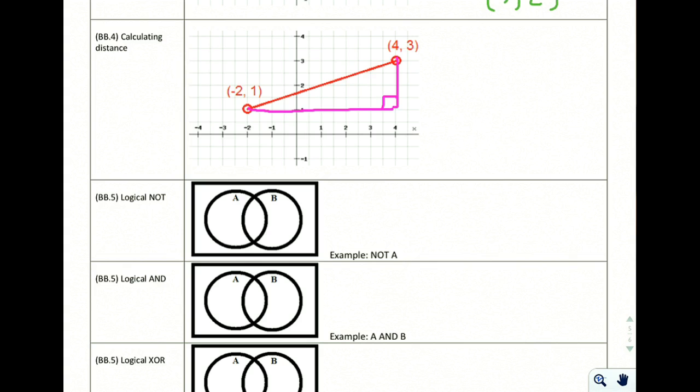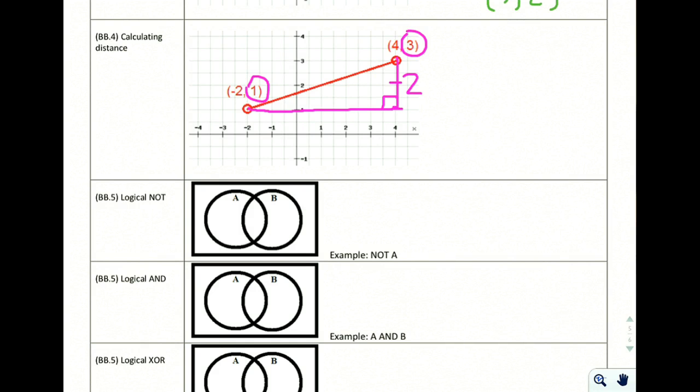And then this line segment that I'm finding the distance of is always going to be my hypotenuse. How do I find the height and the width of this triangle, however? To find the height, you just find the difference between your y values. So if we have a height of 3 over here and a height of 1 over here, the difference in those two is what I'm going to find by subtracting. 3 minus 1 is going to be 2. And you can see if I were to count boxes here, 1, 2.